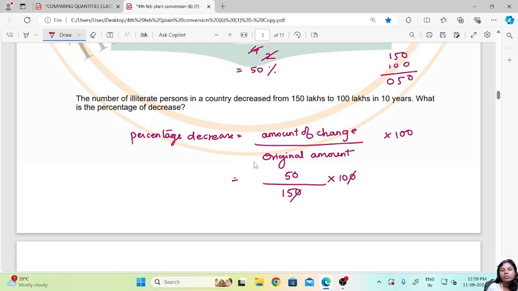So this goes, this one gets cancelled. So here we will have 50, this is 3, 5 2s are 10 and 100 upon 3. So this will be 33.3%.